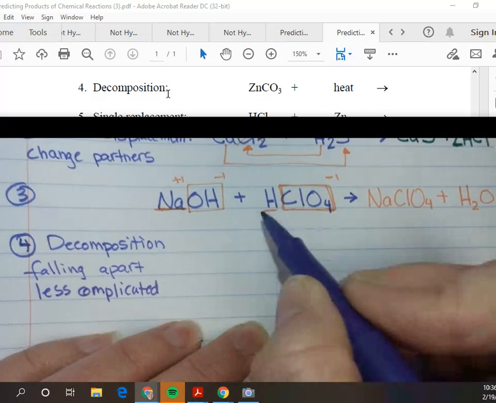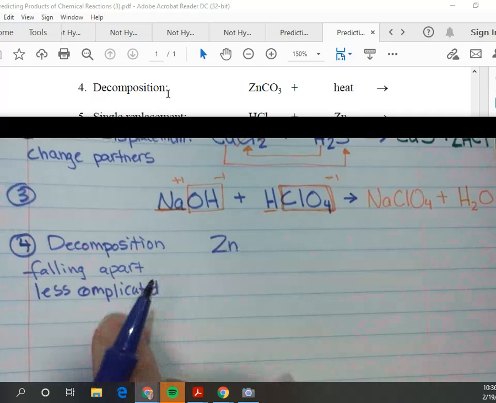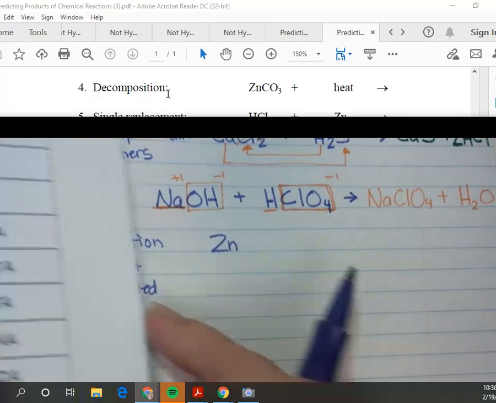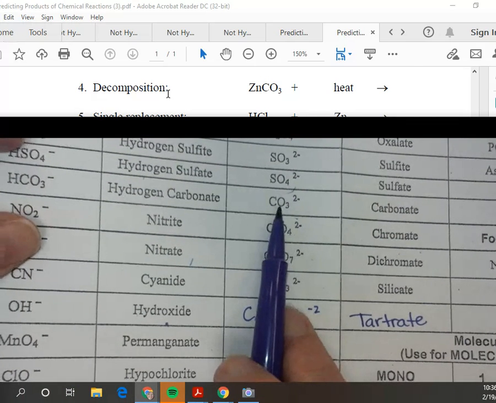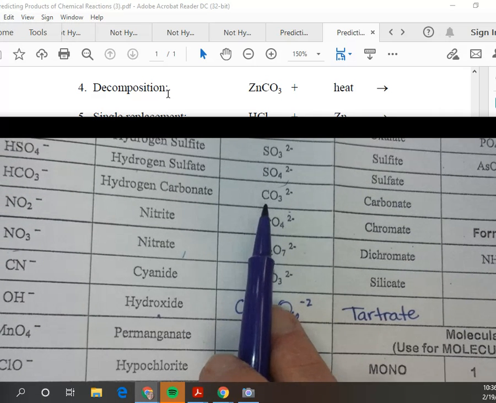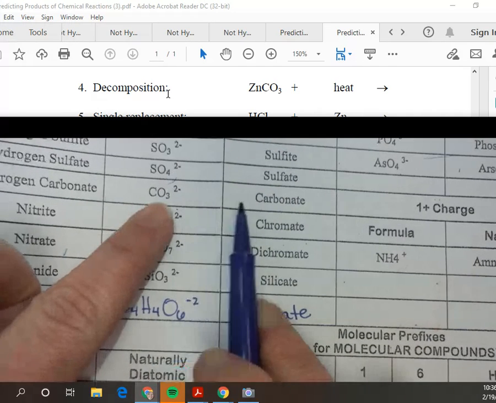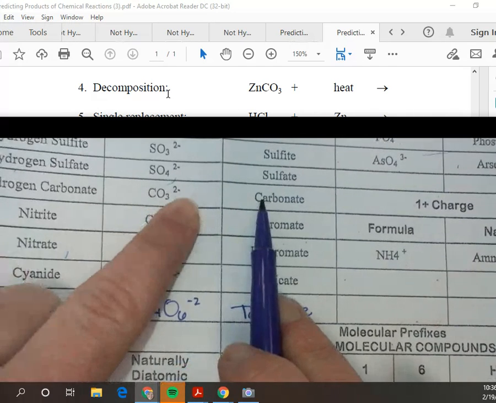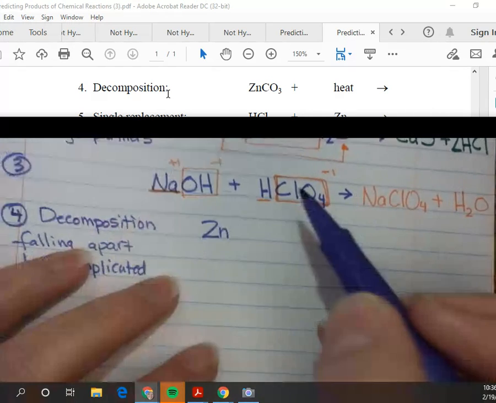So in this example, we're given zinc, CO3. What on earth? Well, we look and find CO3 is carbonate, so zinc carbonate, and it has a -2 charge.